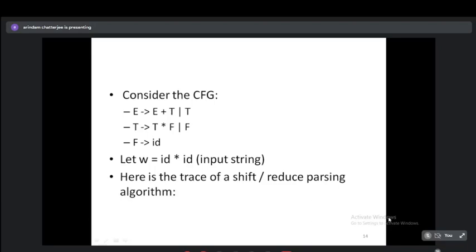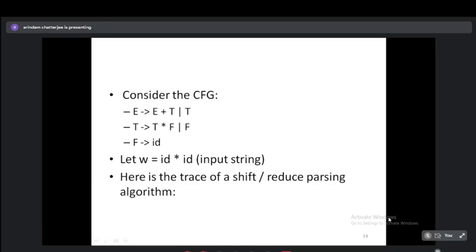I think many of you remember this. This is the grammar after applying left factoring so that we can impose precedence between plus and star, and ambiguity is removed. This was the main target for factoring this kind of grammar.